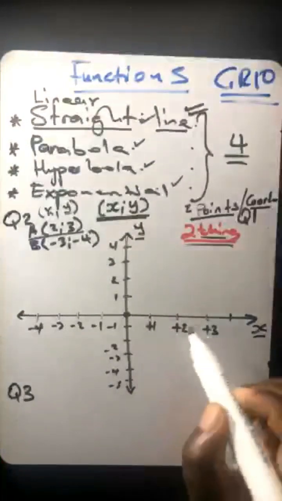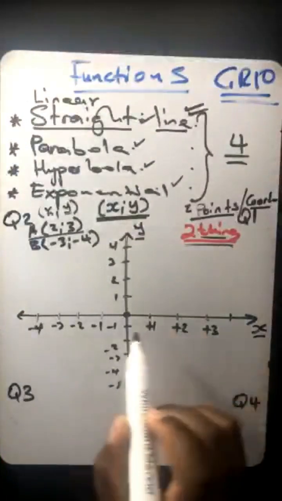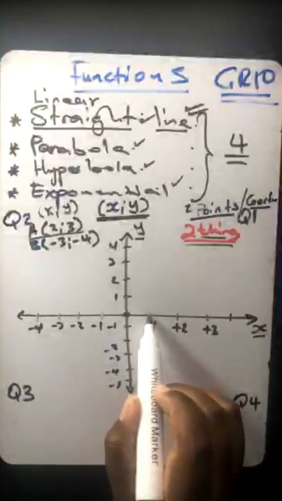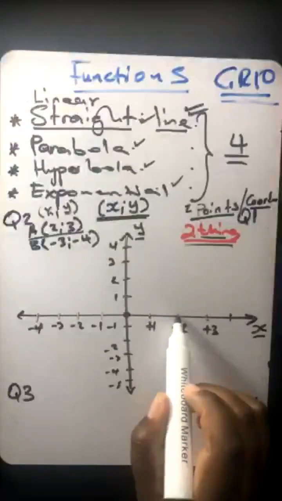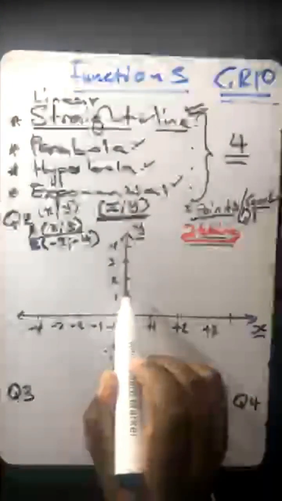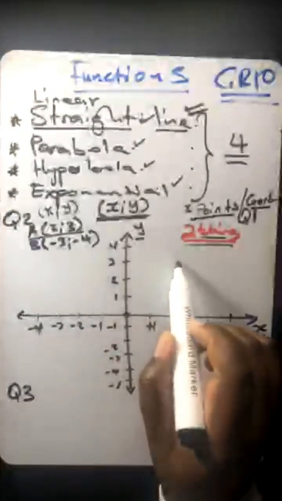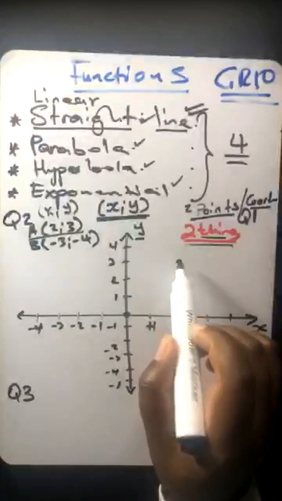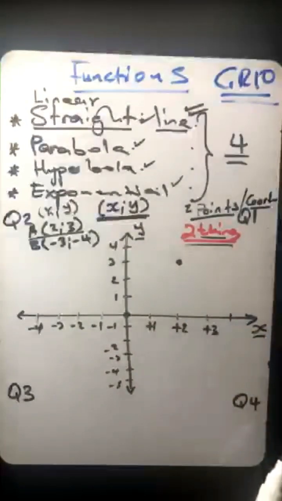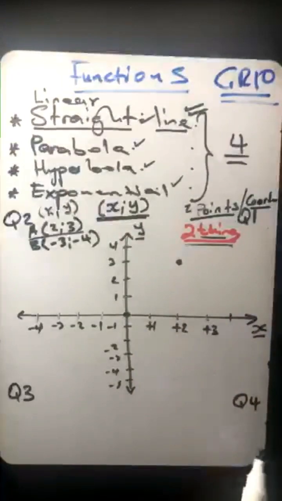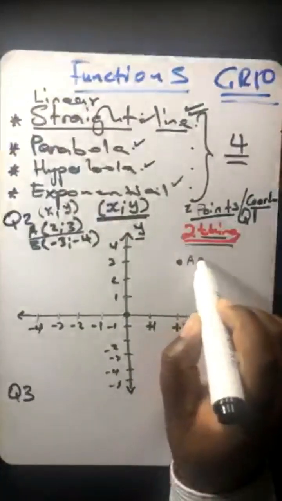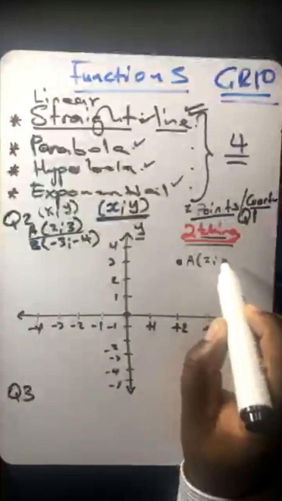Let's see, where is that? This is X1, this is X2, and then where Y is 3, it's 1, 2, 3. So that means the point where X is 2 and Y is 3 is that point there, which is point A being 2 and 3.